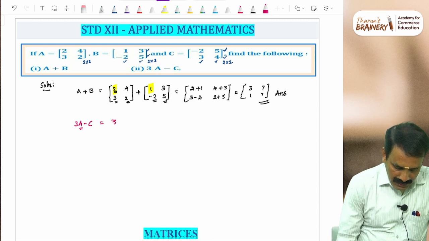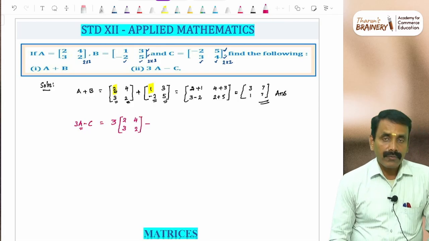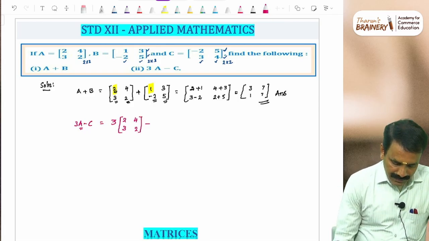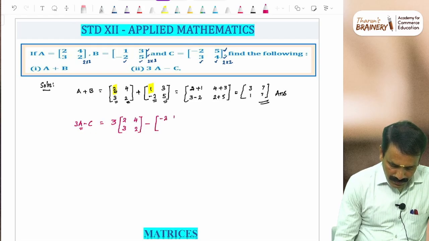So, this is 3 into A. A matrix is 2, 4, 3, 2, minus of C matrix. C matrix is going to be minus 2, 5, 3, 4.